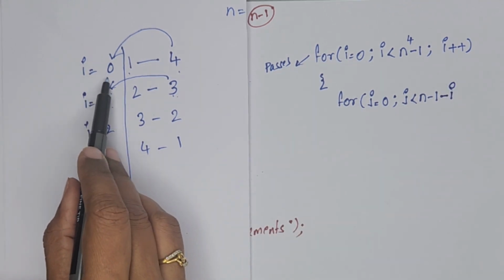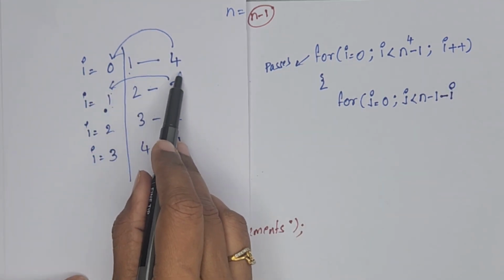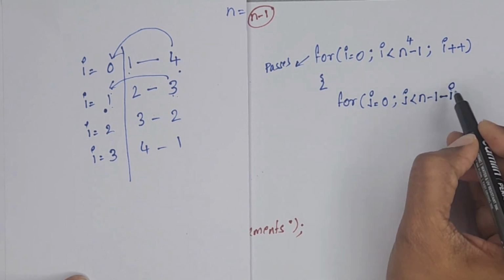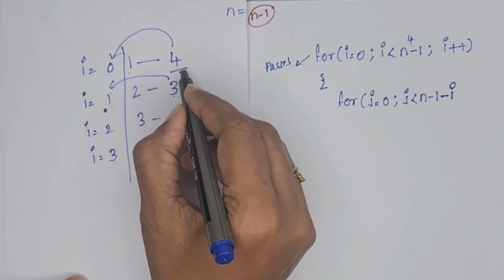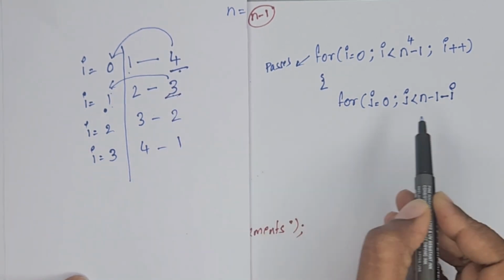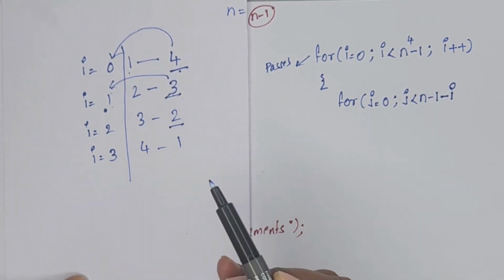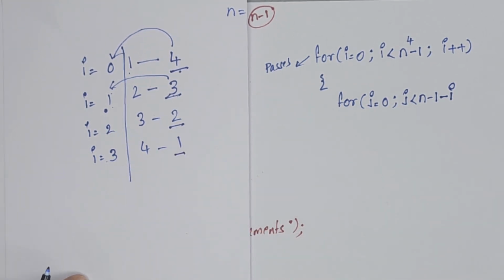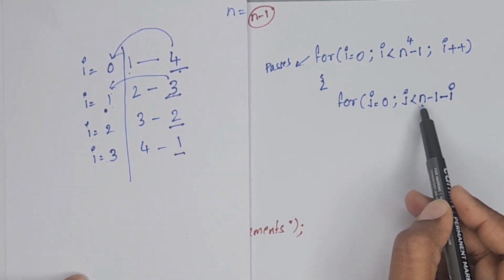See, i is 0 initially. The number of comparisons is 4. n value is 5, 5 minus 1 is 4, 4 minus 0 is 4 only. If i is 1, 4 minus 1 is 3. If i is 2, 4 minus 2 is 2. If i is 3, 4 minus 3 is 1. So the number of comparisons depends on i.